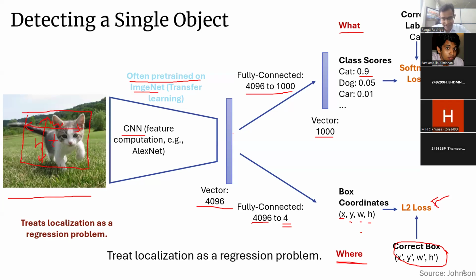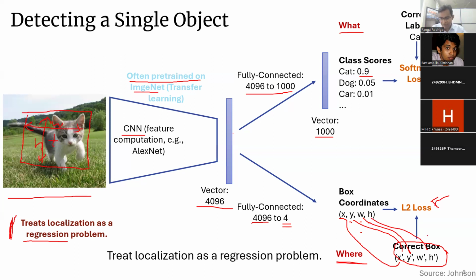All right. Now, you can see here the localization problem is a regression problem. What that means is we want to bring x close to x prime, y close to y prime, w close to w prime, h close to h prime. These are not class labels.